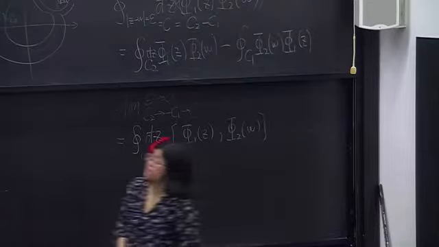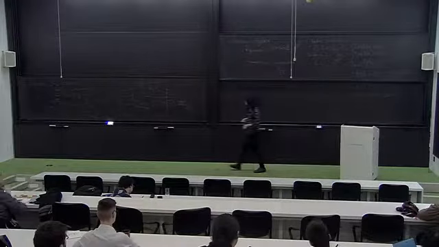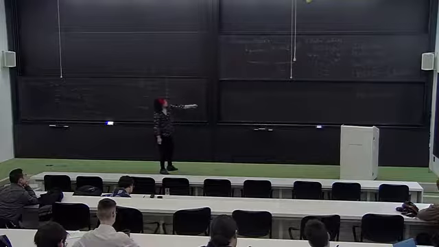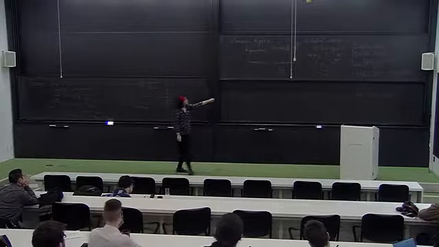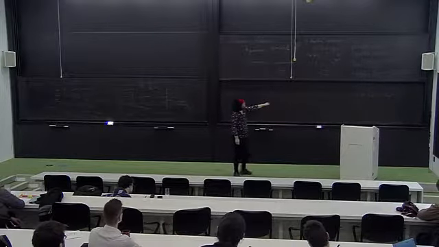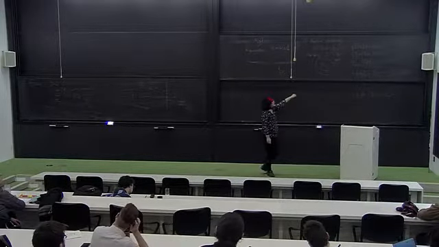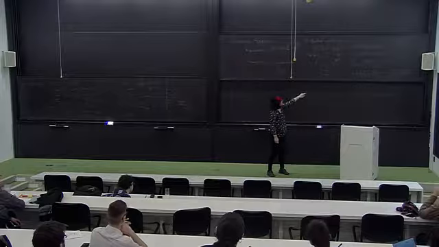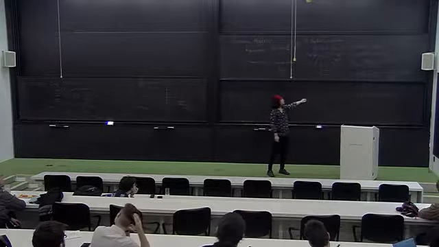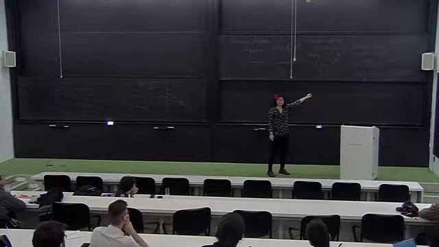Interesting fun fact: we just showed that the equal time commutator, or equal radial commutator, can be written as a contour integral of the product of operators. You just have to keep track of where your contour is.